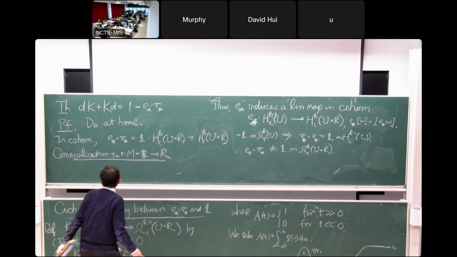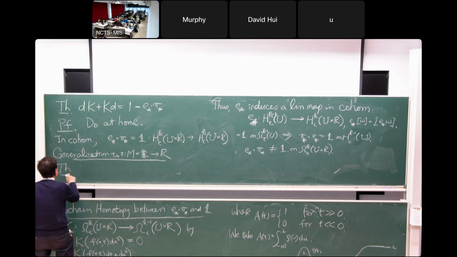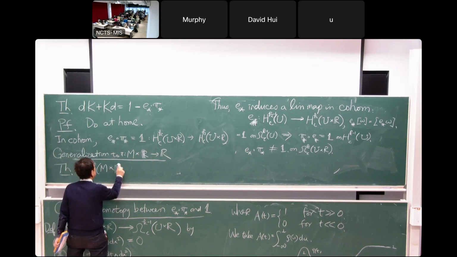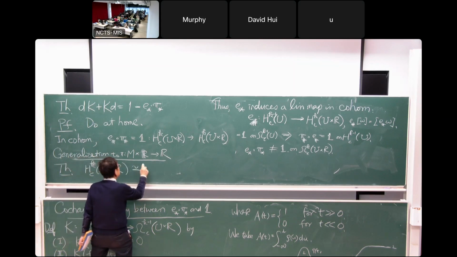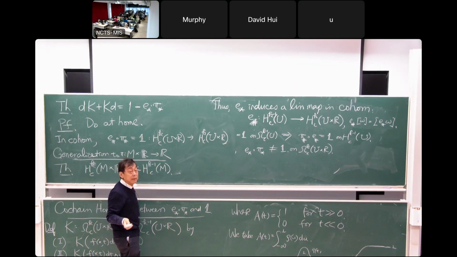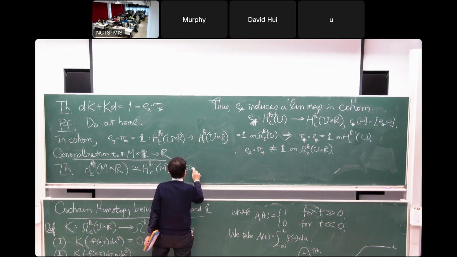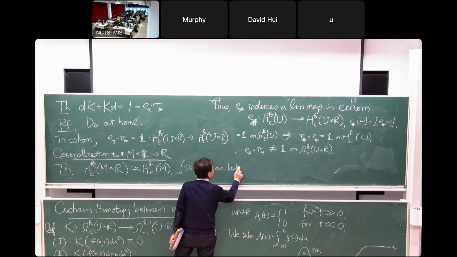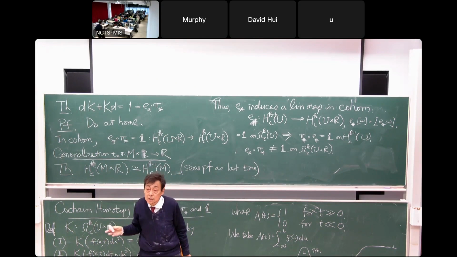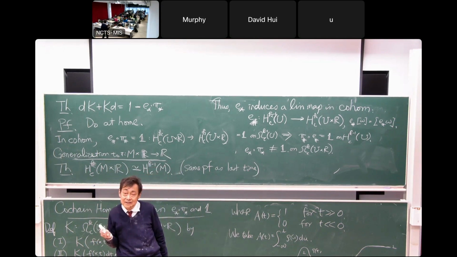So you do the same thing, and then you get this theorem that the cohomology with compact support of M cross R is isomorphic to the cohomology with compact support of M, but in degree 1 less. So I'll just say same as last time, to show that integration along the fiber doesn't depend on the coordinates. Okay?